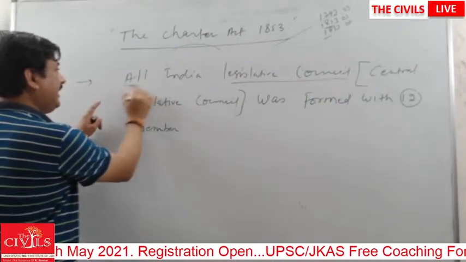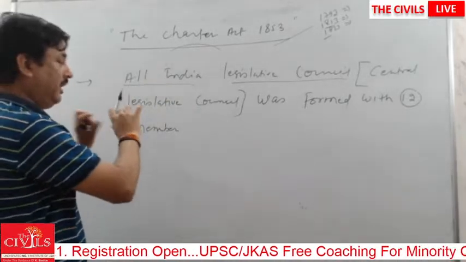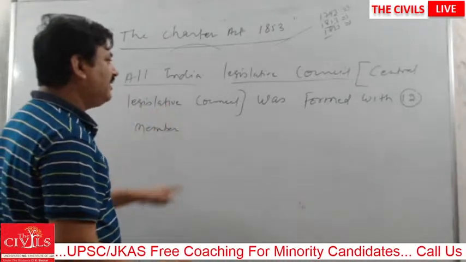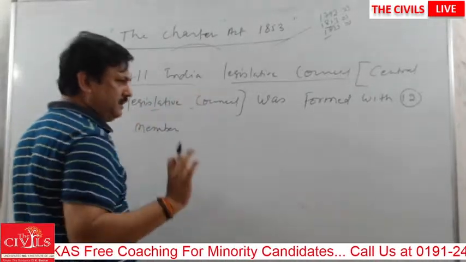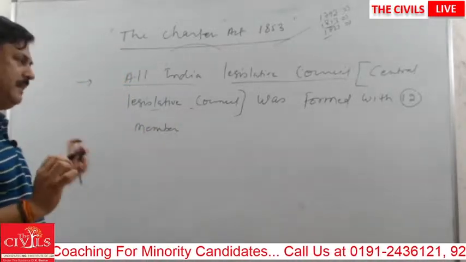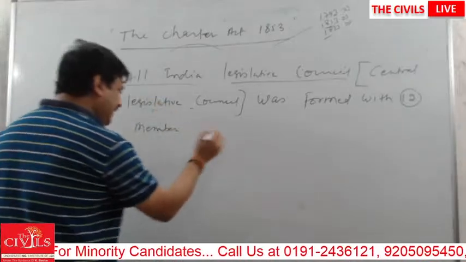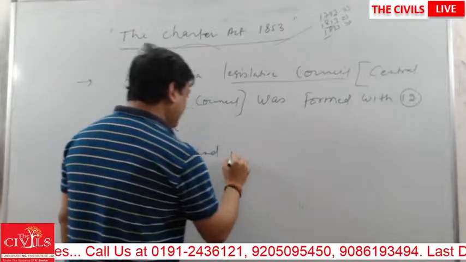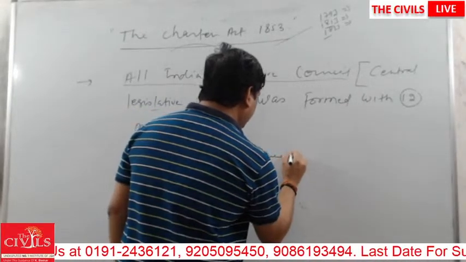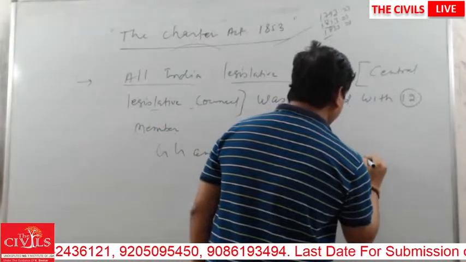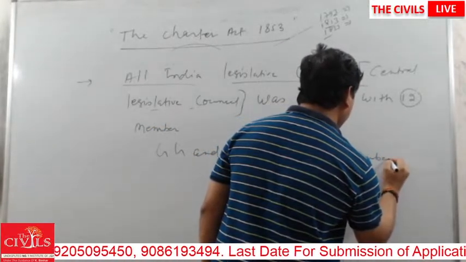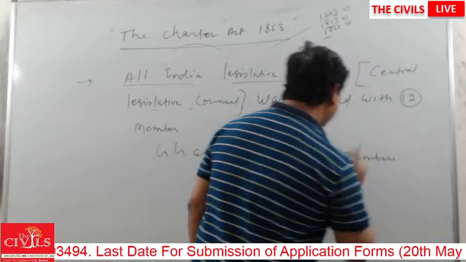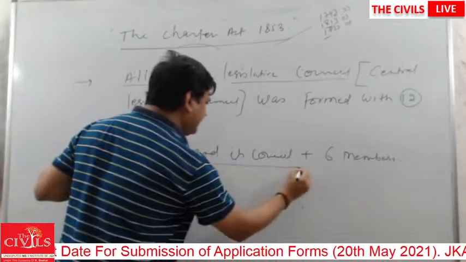So to make law for the entire India, a Central Legislative Council was formed, which means Parliament was formed, with 12 members: the Governor General and its Council, plus 6 members.